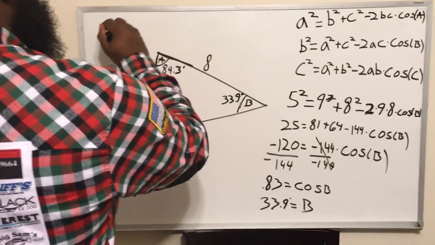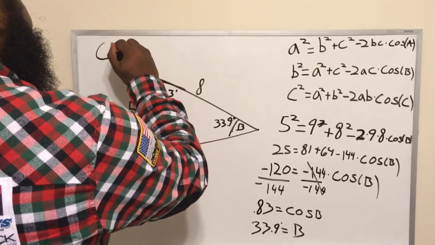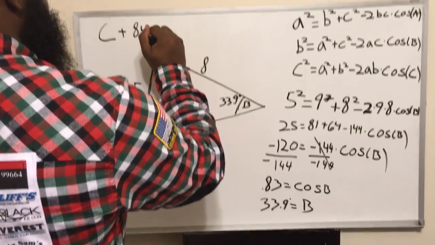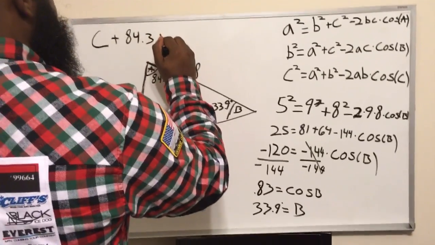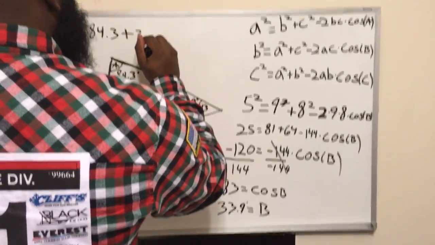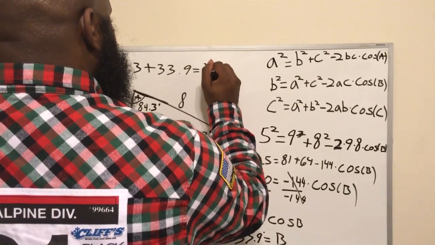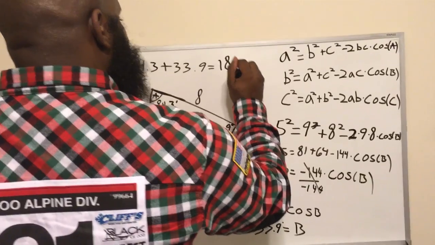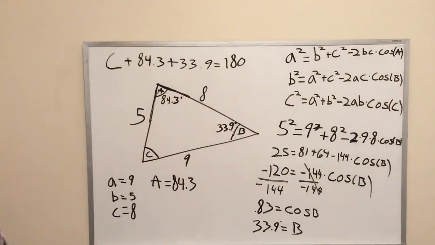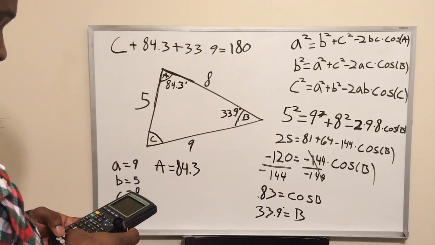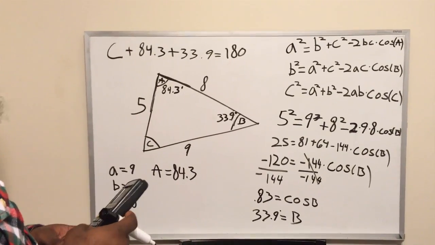Angle C is equal to 180 minus 84.3 plus 33.9. 84.3 plus 33.9 is 118.2.